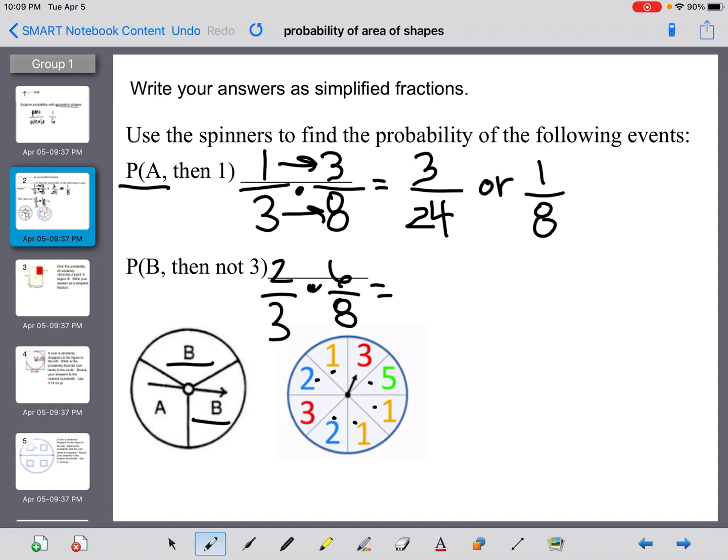Multiply straight across. So this we've practiced a lot. I know one of the examples I had was tossing a coin and getting heads and then rolling a 3 on a dice. You just multiply them together.